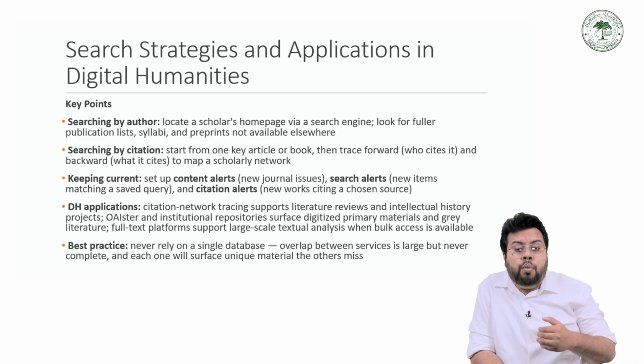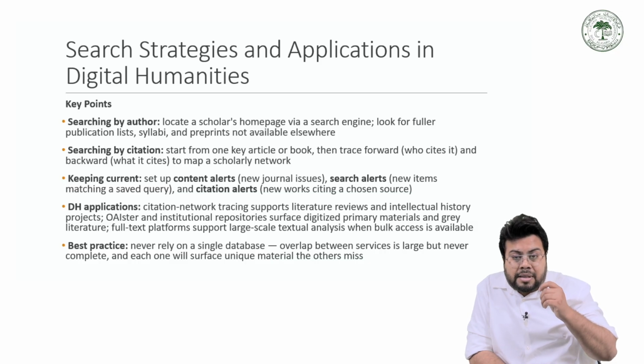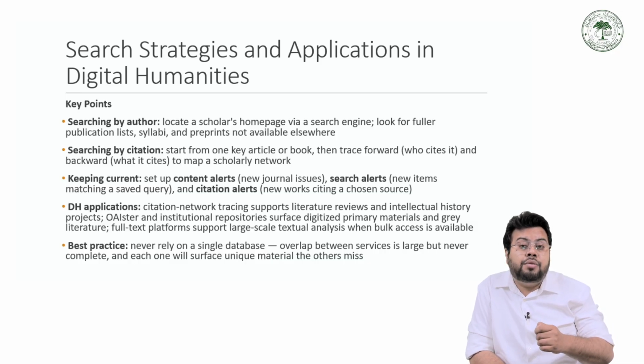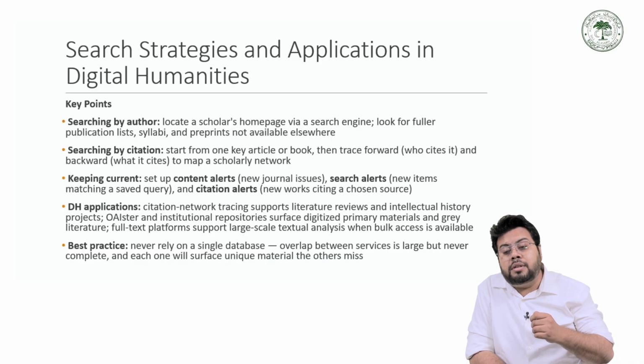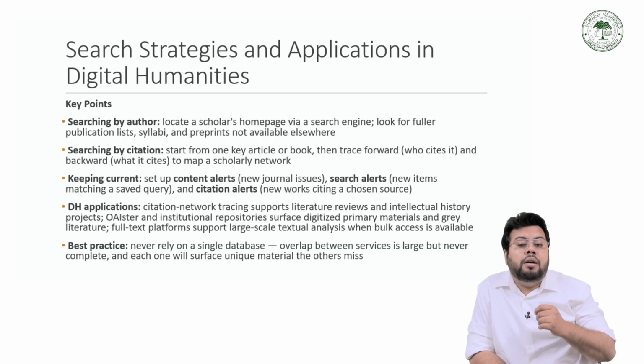Good searches in terms of key journals, such as content search, and humanities work, mean citation tracing for intellectual history, and large-scale text analysis where bulk access allows it. The core lesson: no single database gives you the whole picture, so the gaps between them are often where your best sources are hiding.